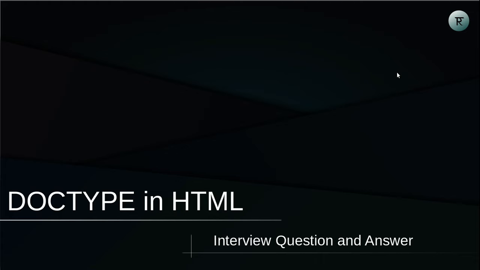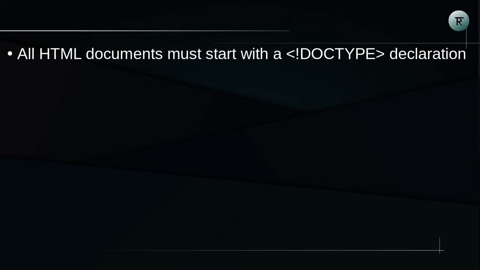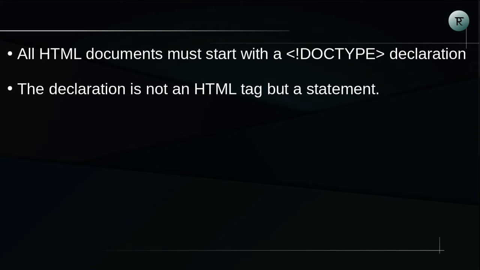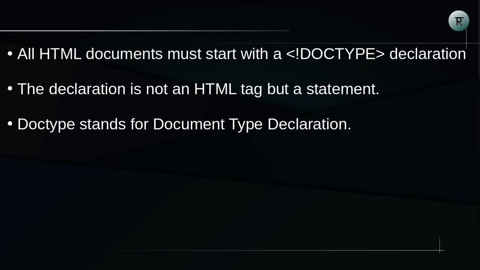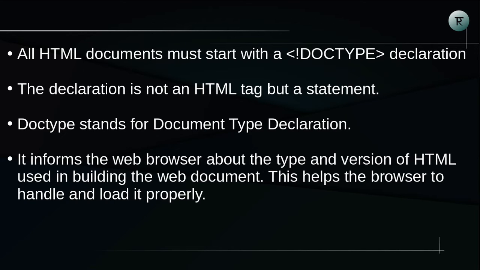We are frequently asked many interview questions related to it. All HTML documents must start with a doctype declaration, as I said. The declaration is not an HTML tag, but it's a statement. Doctype stands for document type declaration. It informs the web browser about the type and version of HTML used in building the web document. This helps the browser to handle and load it properly.